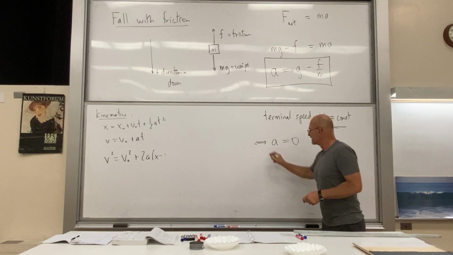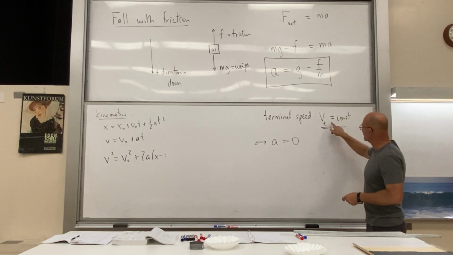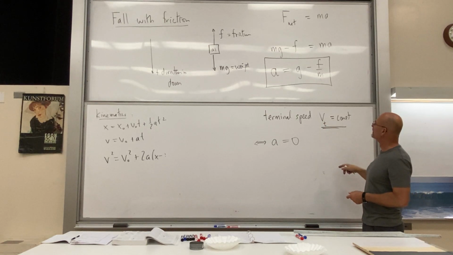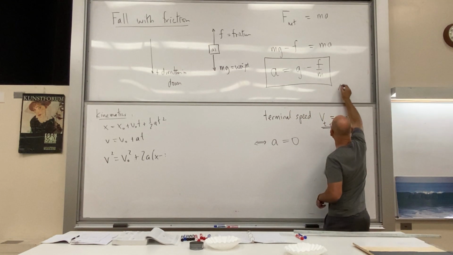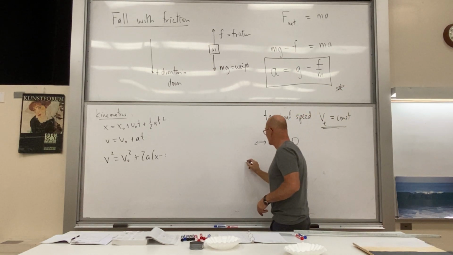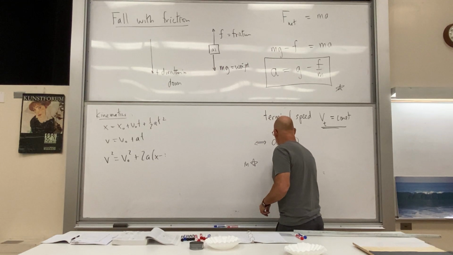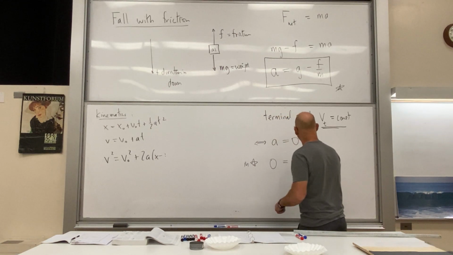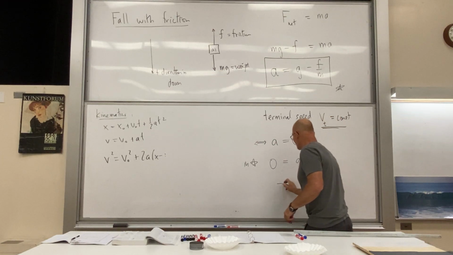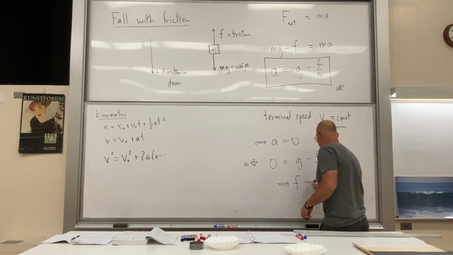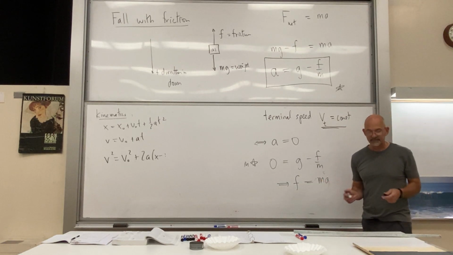In fact, it's equivalent. If the acceleration is 0, then the speed is constant, vice versa. What does that mean? In our equation, I'll name it star, in star, 0 equals g minus f over m. So that means the friction is just equal to mg. The friction is equal to the weight.